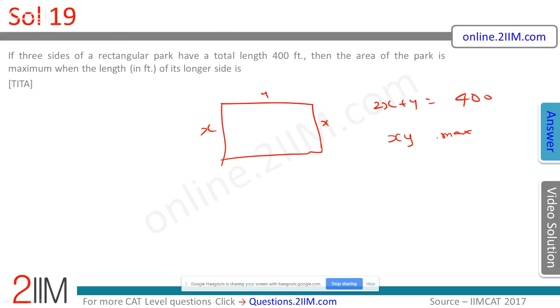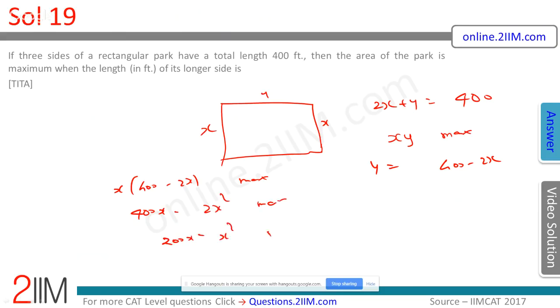So y is 400 minus 2x. x into 400 minus 2x should be maximum. 400x minus 2x square should be maximum, or 200x minus x square should be maximum. x square minus 200x should be minimum, so x minus 100 the whole square, or x should be 100. This is 100, 200, 100. That's the best combination for it. The length of the longer side should be 200. These three add up to 400. Longest side should be 200.